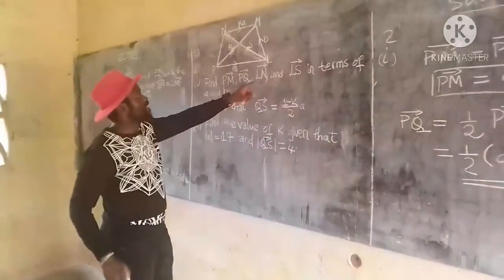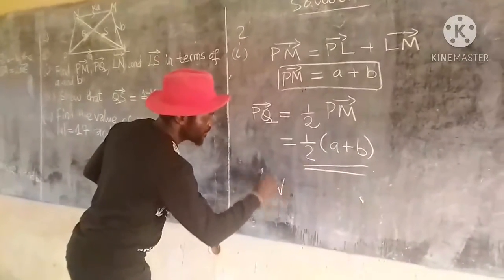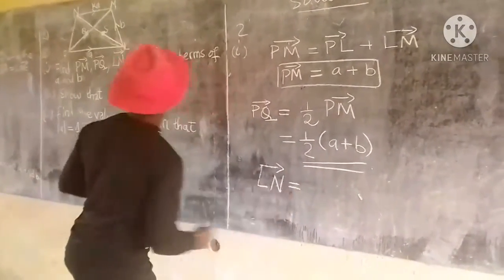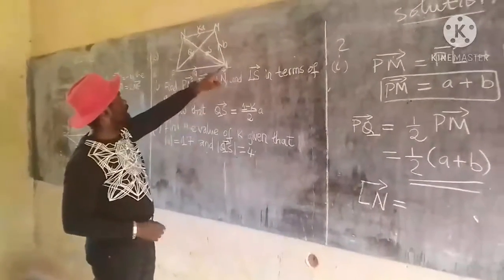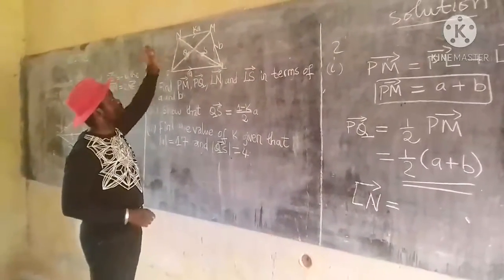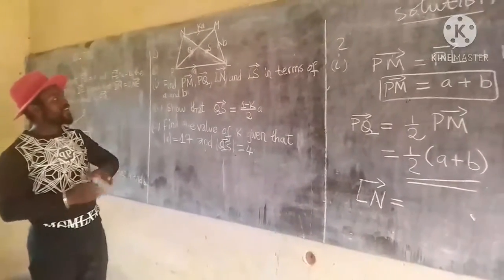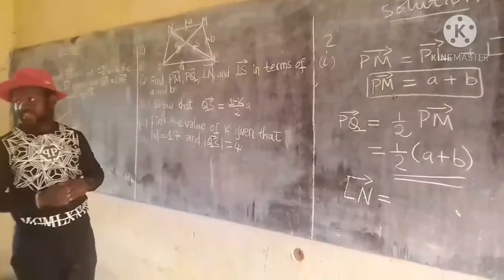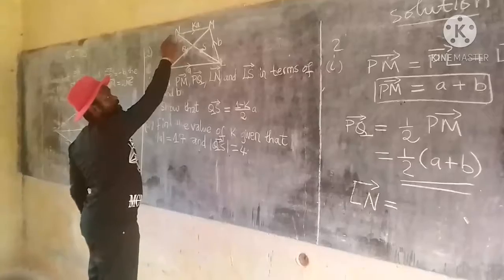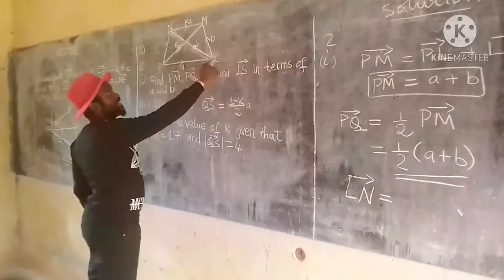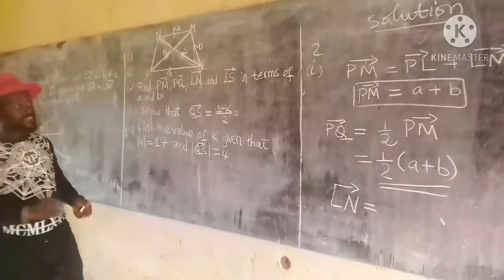Let's look for LN. So we have LN equal to the location of LN. Now look at the way LN is in terms of B and A. You will discover that to get to LN, you can do it this way. LM plus what? MN, right? Yes.